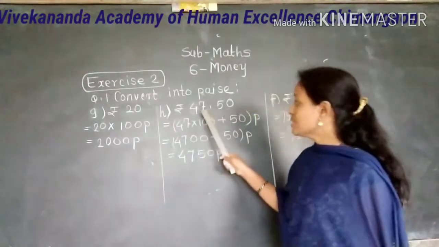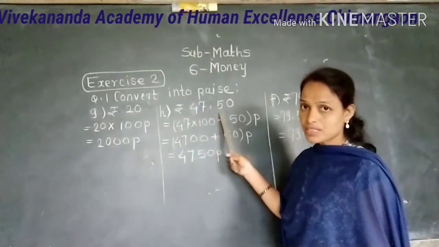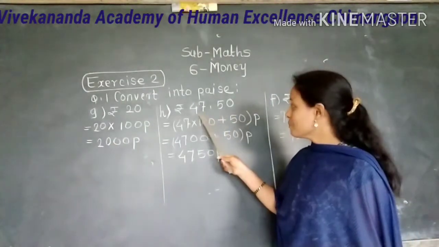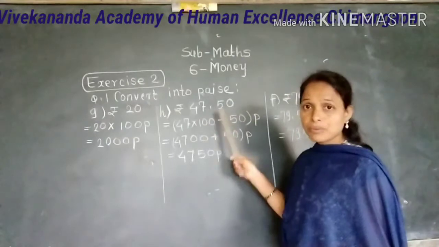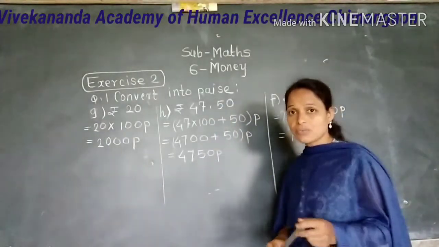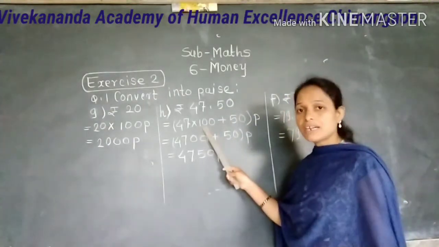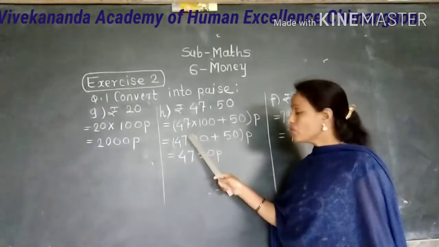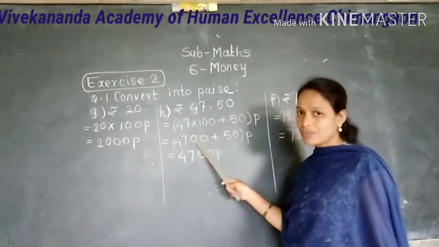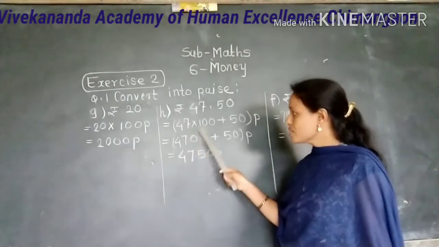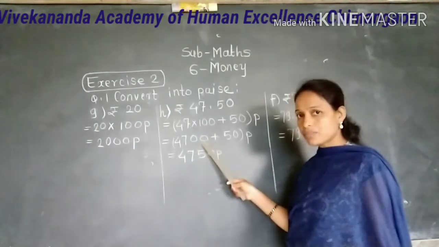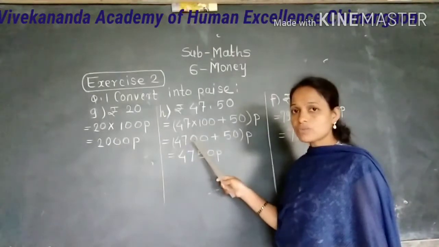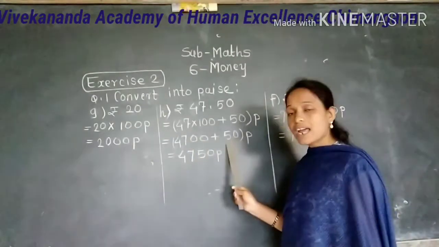Next example, 47 rupees 50 paise. So here we multiply 47 by 100 because 50 paise is already given. So multiply 47 by 100 and add 50. By multiplying 47 by 100, we get product 4700. Write 47 and put two zeros to the right of the number. So we get product 4700 and then add 50.